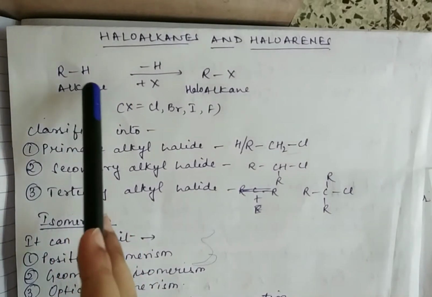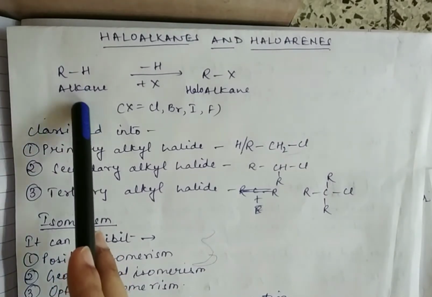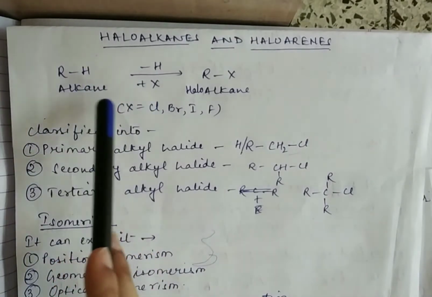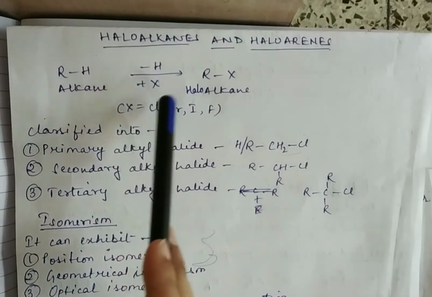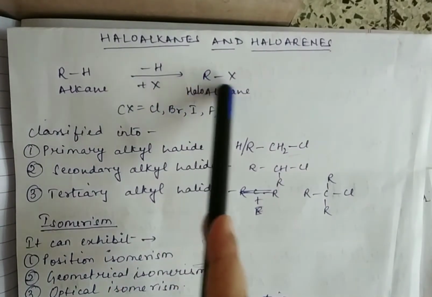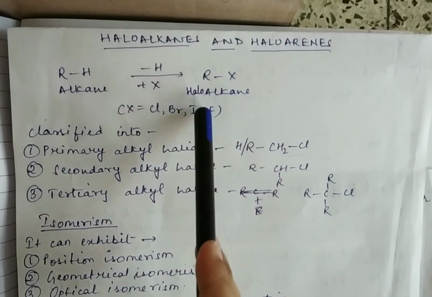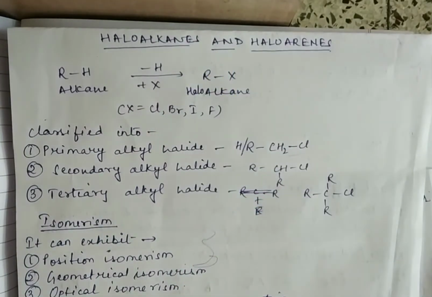When one hydrogen atom of this alkane molecule is replaced or substituted by a halogen atom, be it chlorine, bromine, iodine or fluorine, then we get RX. RX is the general representation of haloalkanes, or we can call them alkyl halides. So haloalkanes are also known as alkyl halides.